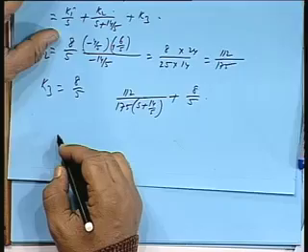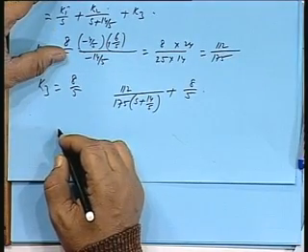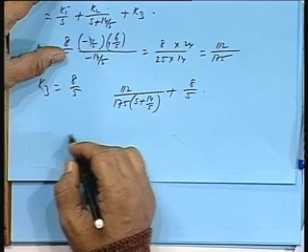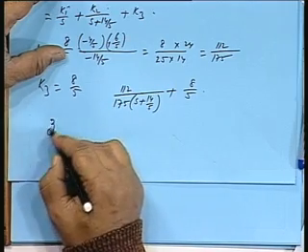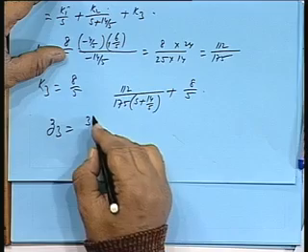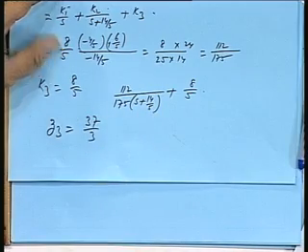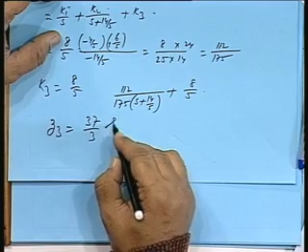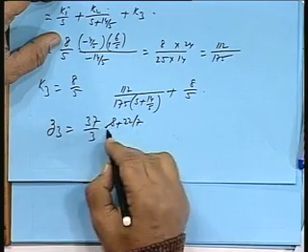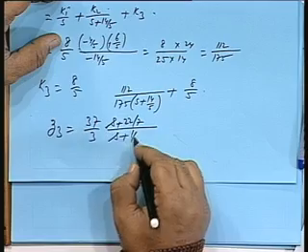So, if you keep on doing it, I will give you only the final result, you can work it out, this procedure is the same. Alternately you have to go for impedance and admittance. So, in the next stage you will get Z3 as 37 by 3 after removal of this, S plus 22 by 7 by S plus half.